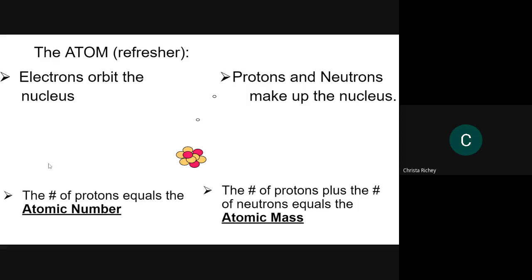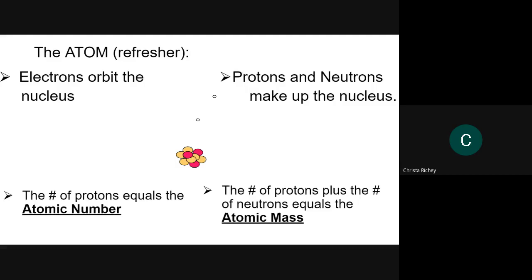All right, I am not trying to trigger anybody, but we're going back to chemistry for a second, which was probably last year, if not the year before. Inside an atom, we've got three subatomic particles. Inside the nucleus, you've got protons and neutrons. And outside of that, way outside of that, you've got electrons.